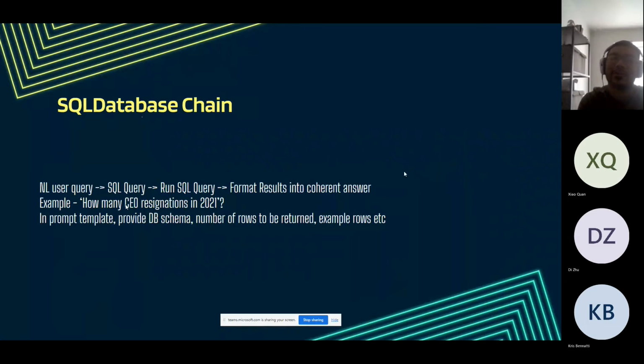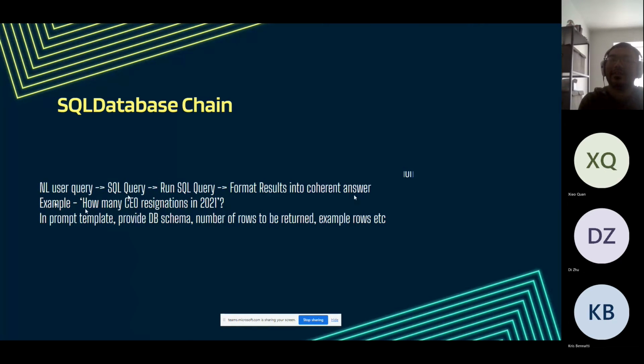And now it goes back to the initial use case that we talked about. You have a natural language user query, and it gets converted to a SQL query. Then you run the SQL query, and then you format results into a coherent answer. For example, if we have a database of resignations, then we can just ask in natural language how many CEO resignations in 2021.